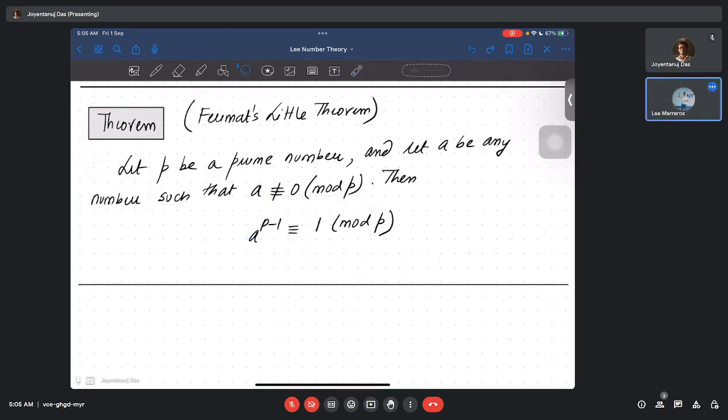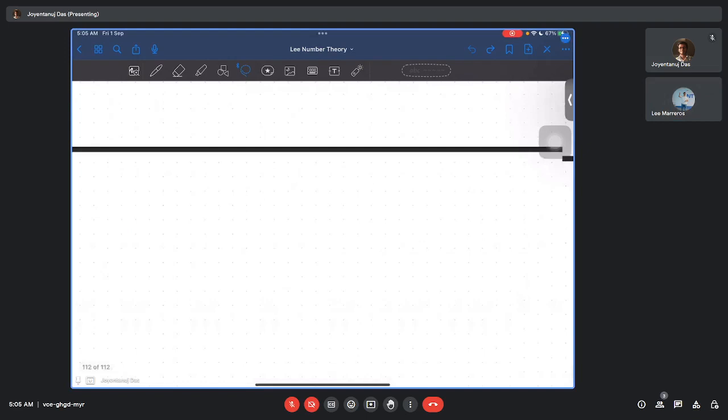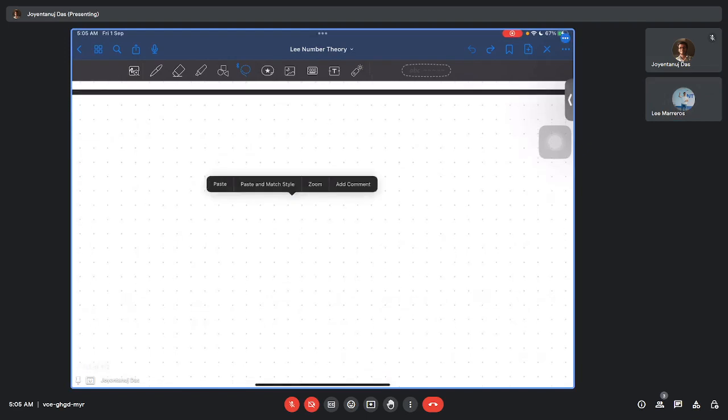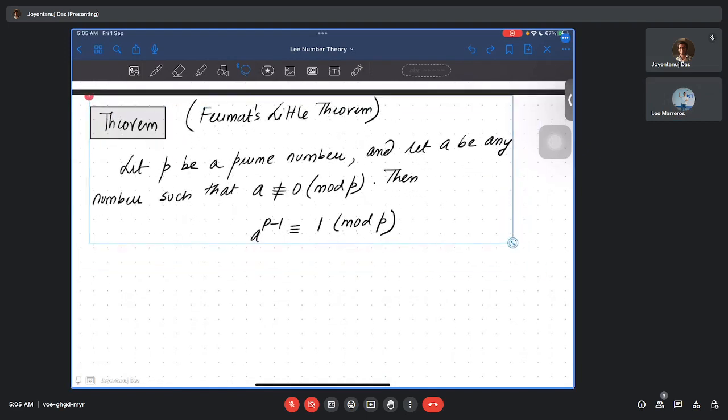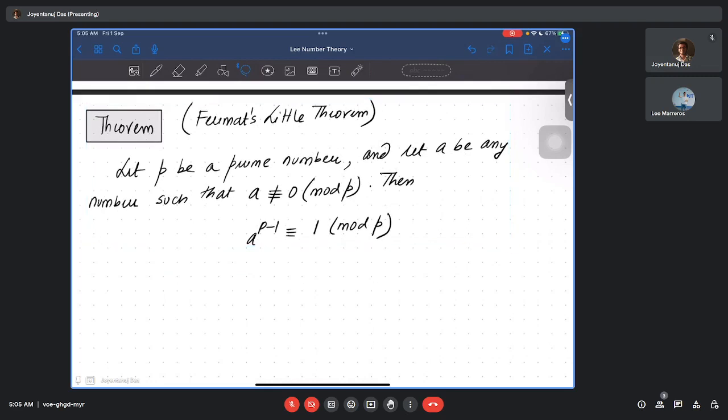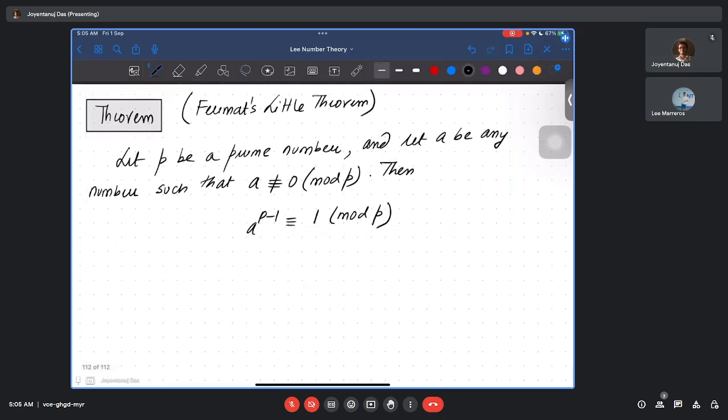So let us try to prove this theorem. We will use the lemma that we saw just now to prove the theorem.